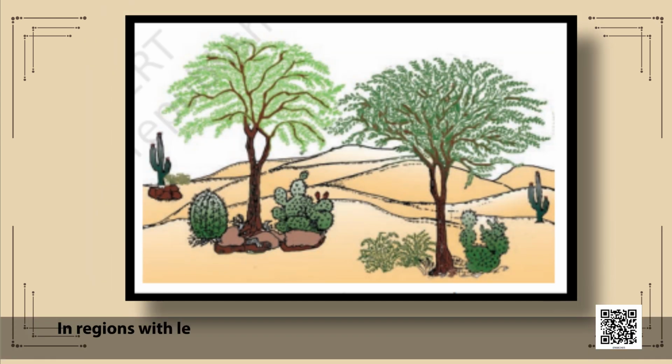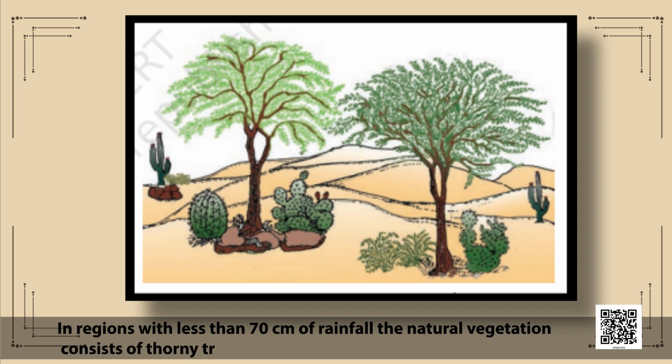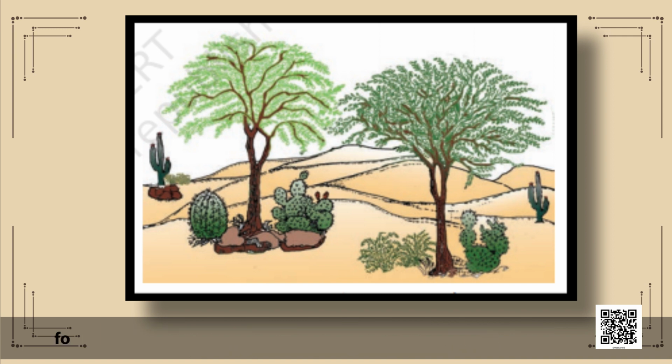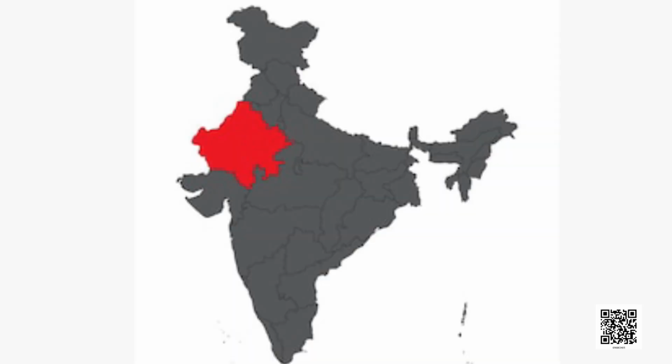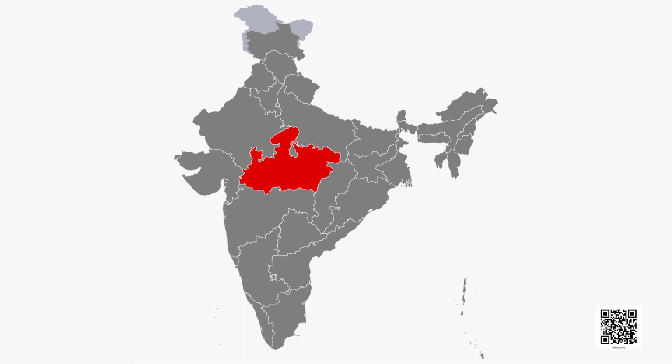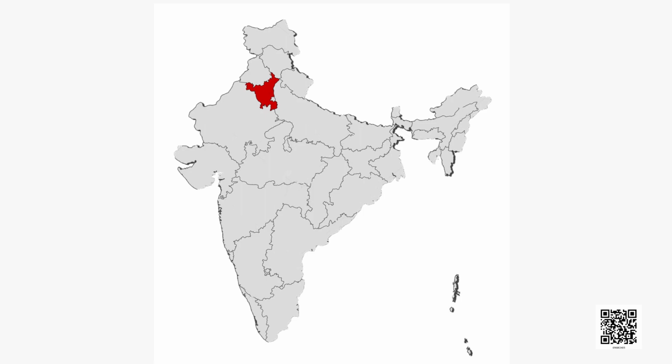In regions with less than 70 centimeters of rainfall, the natural vegetation consists of thorny trees and bushes. This type of vegetation is found in the northwestern part of the country, including semi-arid areas of Gujarat, Rajasthan, Madhya Pradesh, Chhattisgarh, Uttar Pradesh and Haryana.